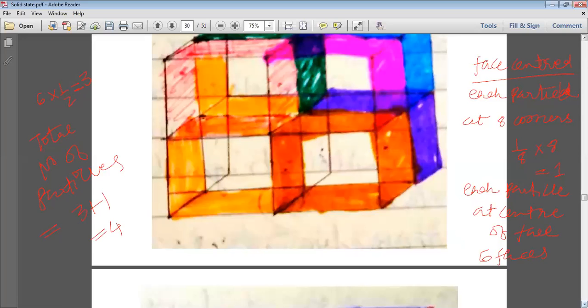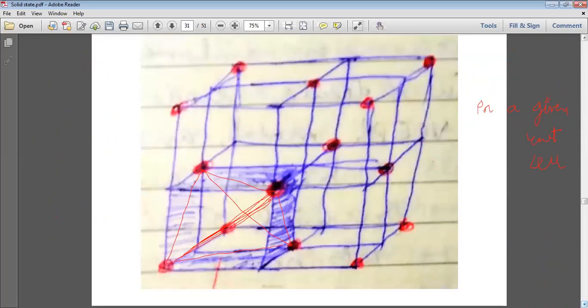Now if you do not understand even this way, let's look at this. This is your face-centered unit cell, my dear students. In this face-centered unit cell, you can see that there are 8 particles at 8 corners.